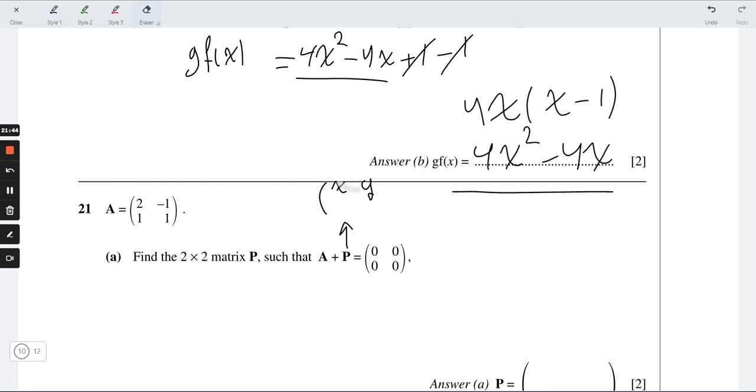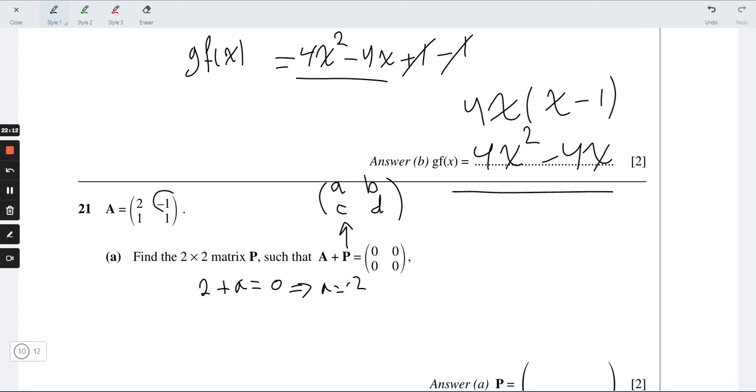Okay, maybe a b c d is better. So we will try to find a, b, c and d. So first of all, 2 plus a equals 0. That means a equals minus 2.